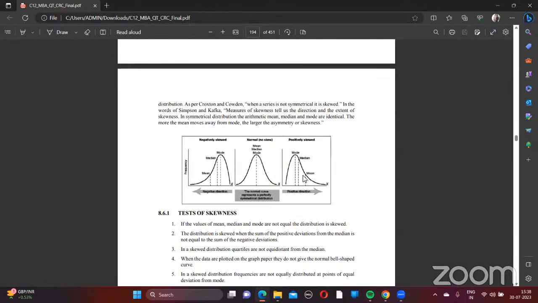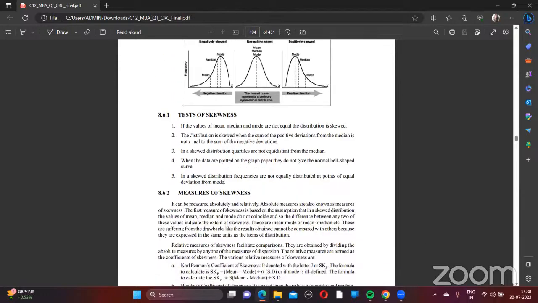Whenever you get a positive value of skewness, the mode is smaller, the median is in the positive direction, and the mean is also in the positive direction. That means the mean is more than the mode. So this is the test of skewness. If the values of mean, median, mode are not equal, the distribution is skewed, when the sum of the positive deviations from the median is not equal to the sum of the negative deviations.